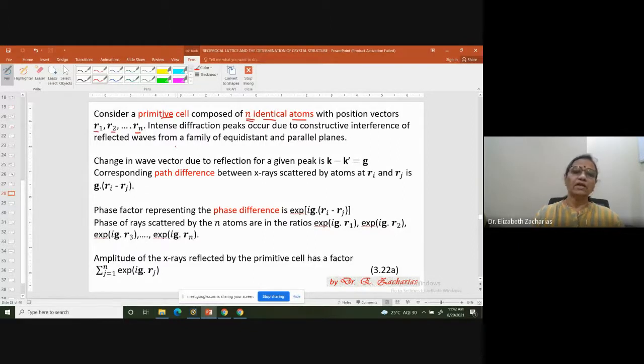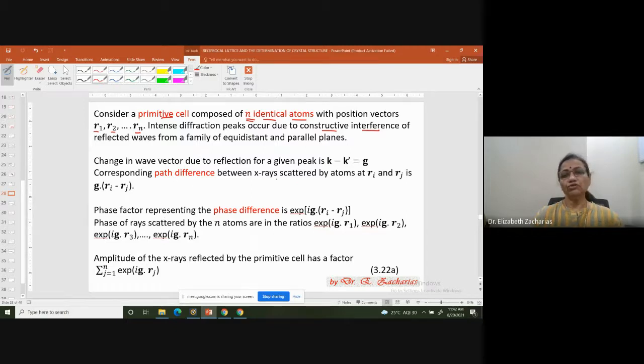And you will get a diffraction peak, as I mentioned, only when there is a constructive interference from X-rays which are getting reflected from the same families of planes. Let's say I have planes like this. From the different planes, there will be reflection. So if there is a constructive interference corresponding to theta, that is when you will get an intense diffraction peak.